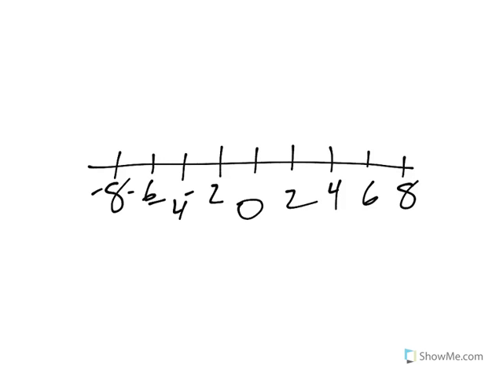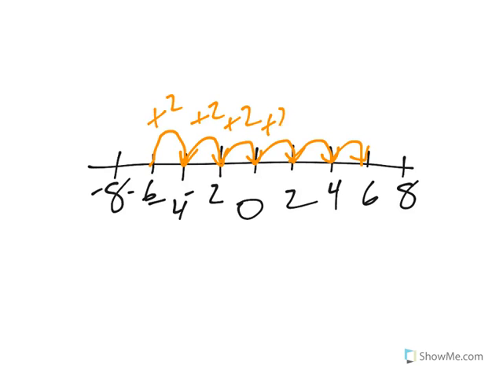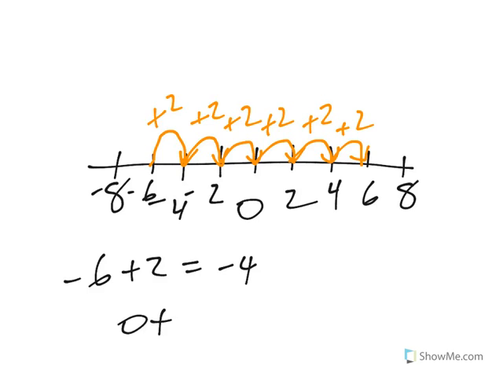If I'm starting here at -2 and making these jumps each time, I'm going up by 2 each time. The number is getting greater and greater by 2, whether it was -6 that I added 2 to get -4, or maybe it was 0 that I added 2 to get 2.